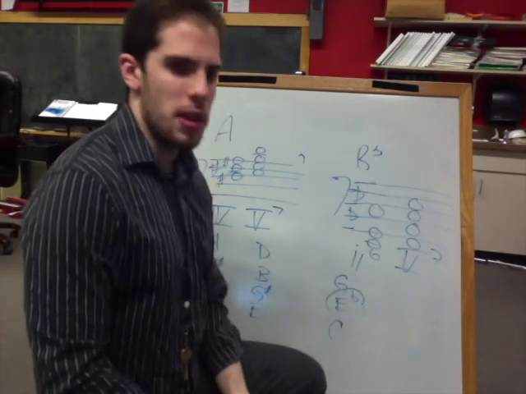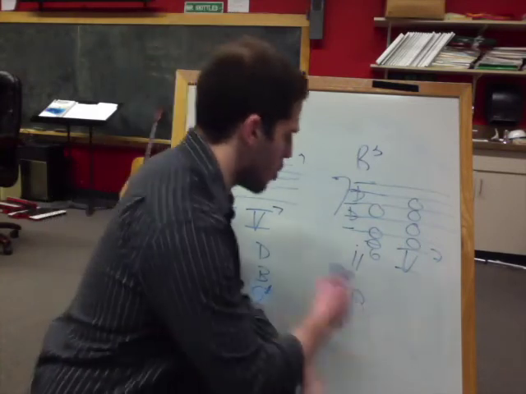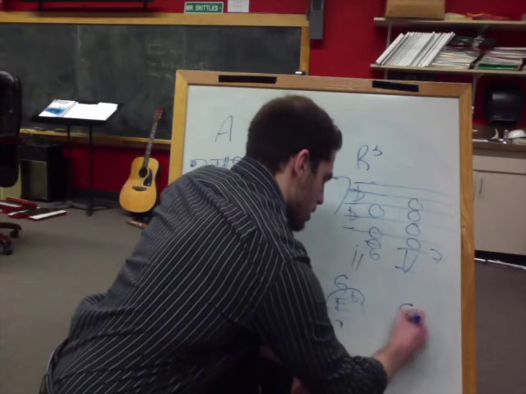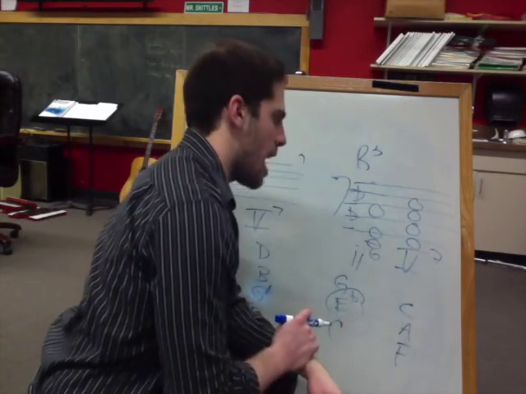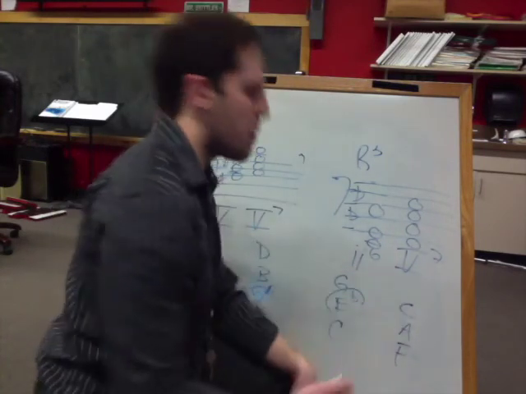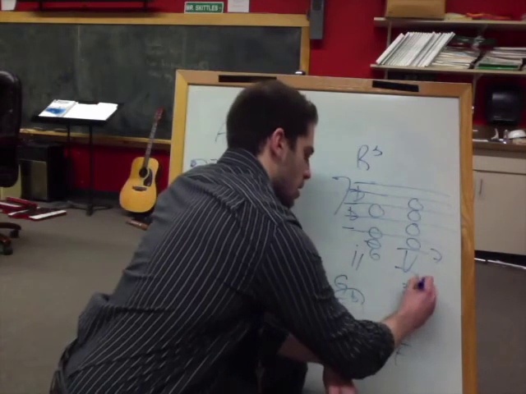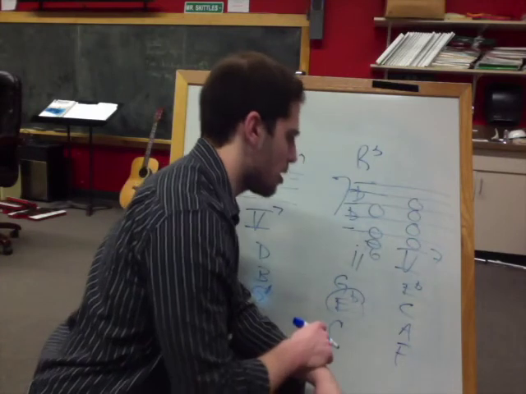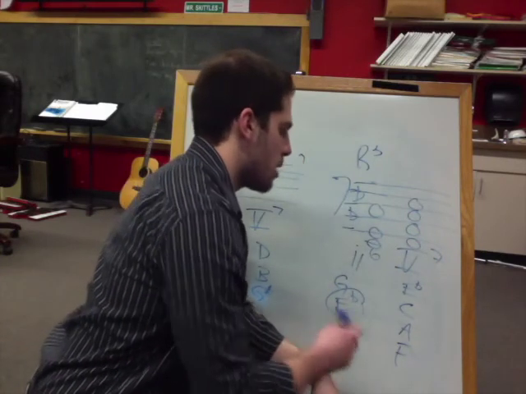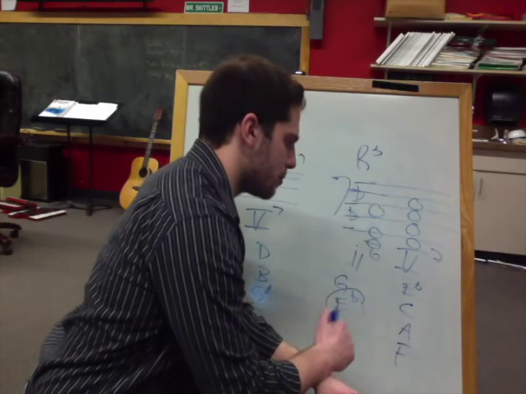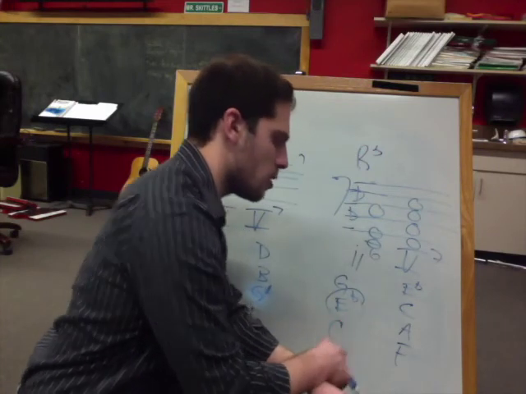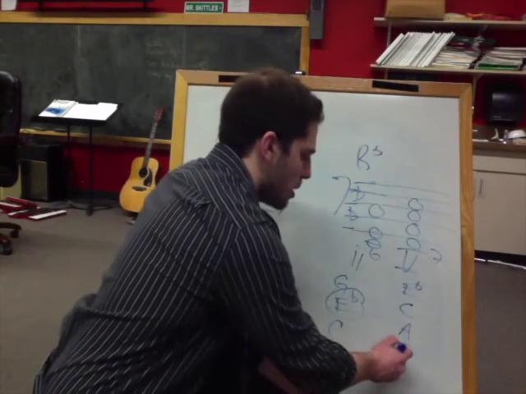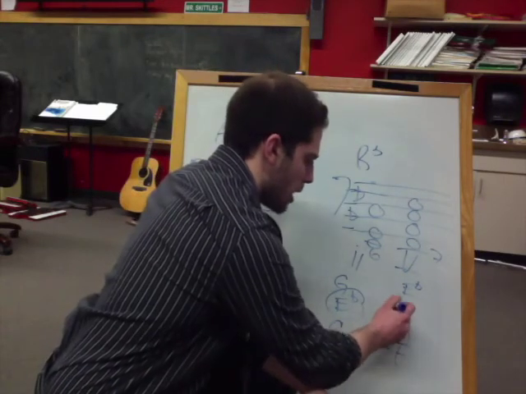Our next chord is going to be the 5-7 chord. All right. Our normal 5 chord in B flat would be F, A, C. However, now we're going to have another third stacked on top of the C, which gives us E flat. Okay? By the way, if you ever want to figure out a dominant 7 chord, what you can do is you can build a major chord, okay?